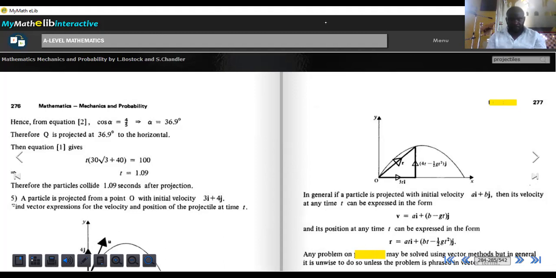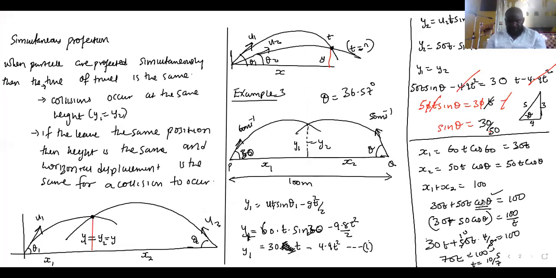1.42. 1.4, let me check, what have I done? We have got the 30t. Oh, I did not change this one. This was supposed to be cos of 30, which gives us 30 root 3 t. So it changes the solution here.